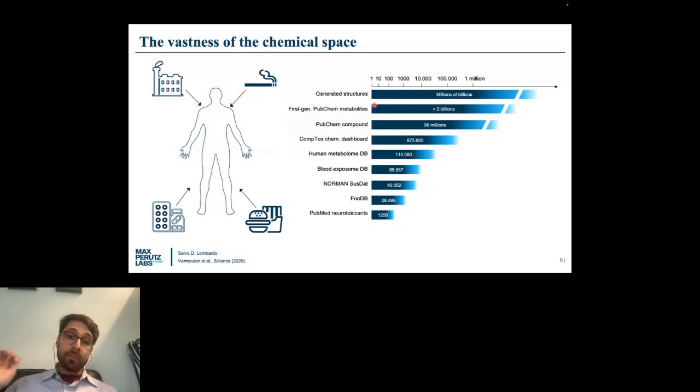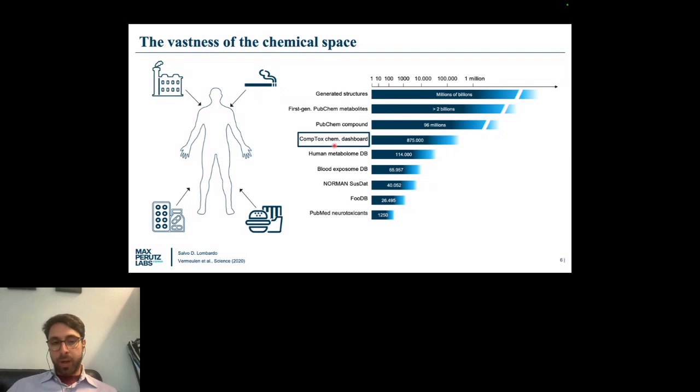We used one of these databases, the Comparative Toxicogenomics Database, which puts together chemical structure and chemical information and genetic information on genetic perturbations, to create a framework that could detect the role of these chemical compounds in human biology.